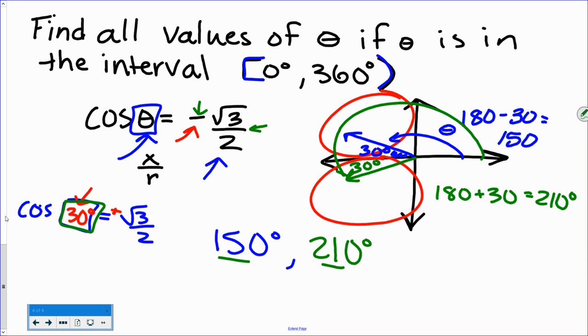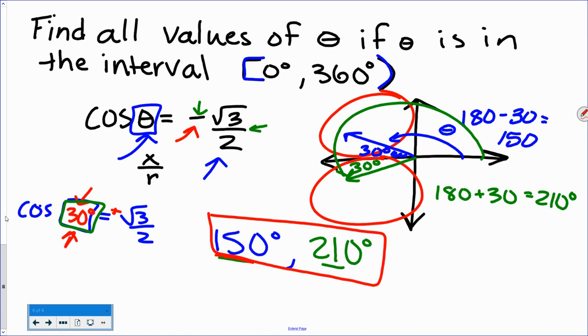And so you'll have two angles each time. If I gave you a positive square root of 3 over 2, I would have used 30 degrees. I have a lot of students that will find the reference angle and put that as their answer, but it's not necessarily part of the answer unless I was given a positive ratio.